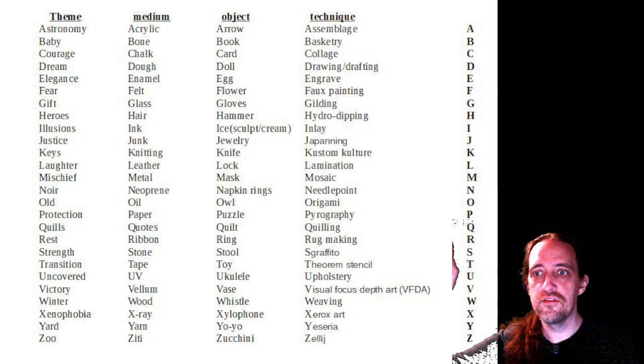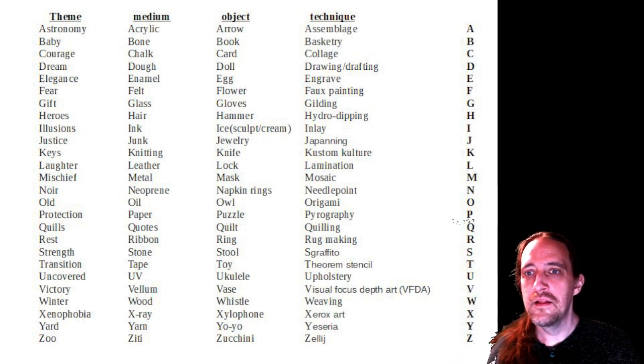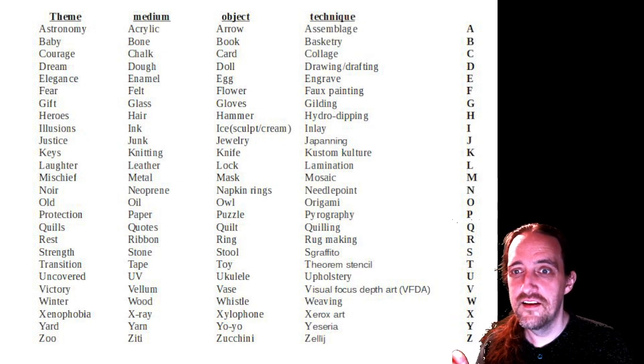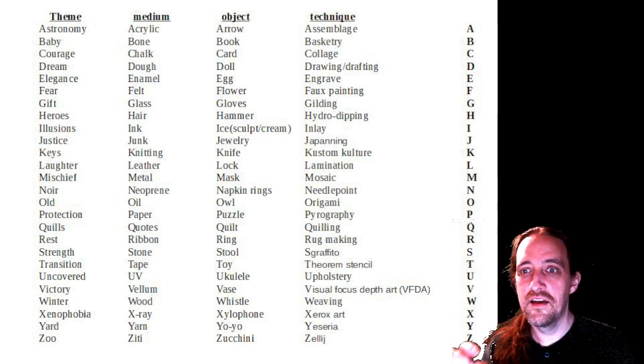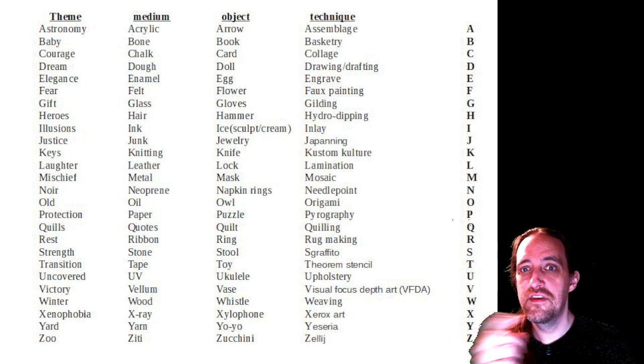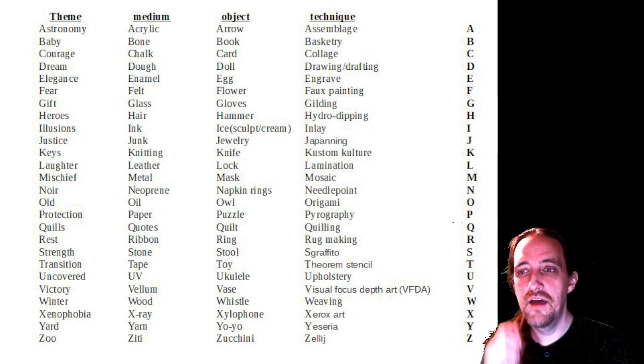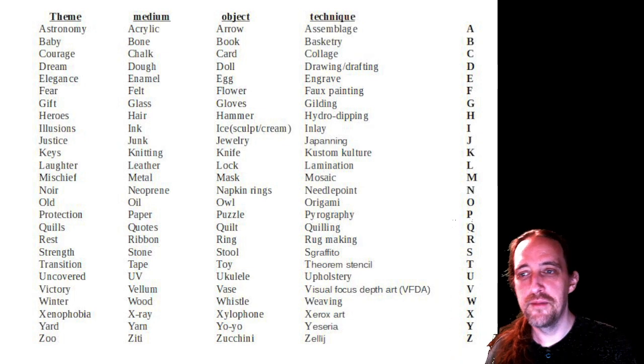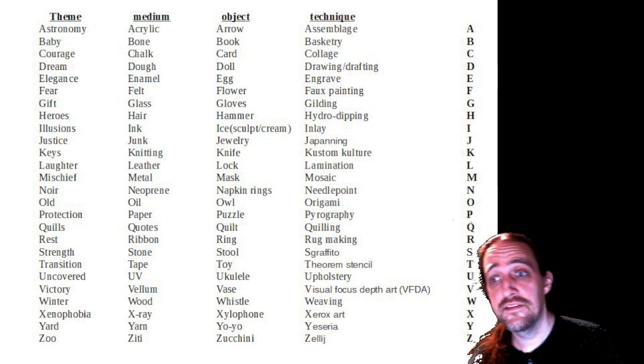The custom culture is a little tricky because I don't know that some of these technically qualify as techniques. The custom culture might be more of a theme. I'm not sure. But I did my best to have a letter for every category for every letter of the alphabet. And that's the idea.